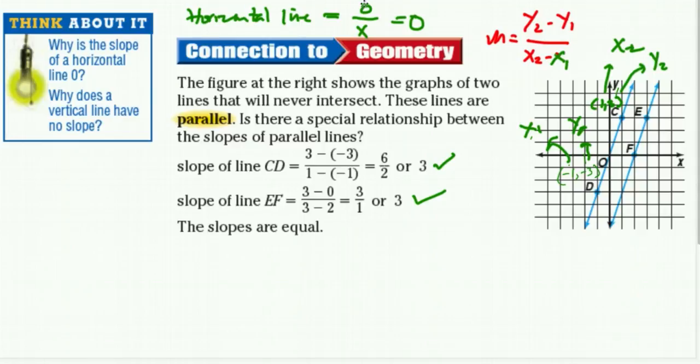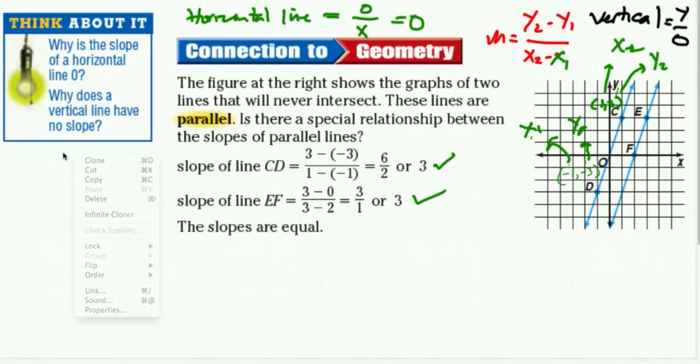In the same manner for a vertical line, your change in x will be 0. You'll have a change in y, but your denominator would be 0. And remember our first commandment in math, thou shalt not divide by 0, and therefore the number would be undefined, and that's the reason why it does not have a slope.